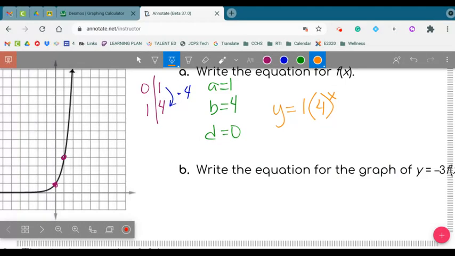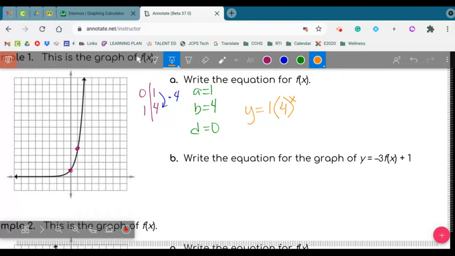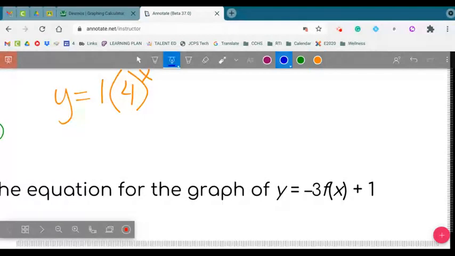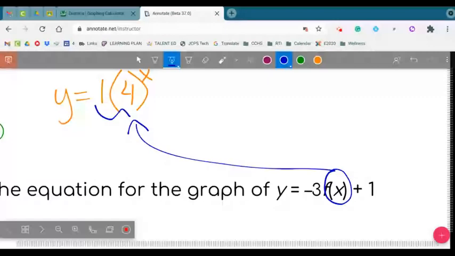So next, it says write the equation for the graph of y equals negative 3 f of x plus 1. So right here is where we're going to put in this part of the equation. So we're just going to plug it into our new equation.